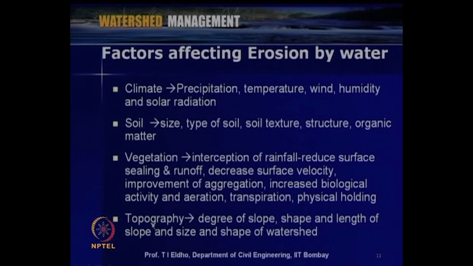And then next one is topography. As we discussed earlier, this depends upon the degree of slope, shape and length of slope, and size and shape of the watershed. On a watershed scale, it depends upon the shape of the watershed, size and slope of the area. Now we are discussing water erosion. Water is one of the major factors causing soil erosion.